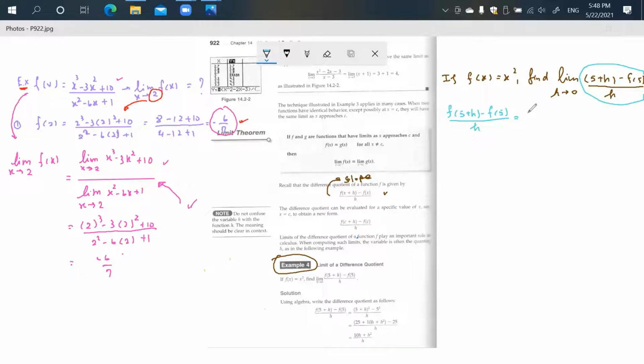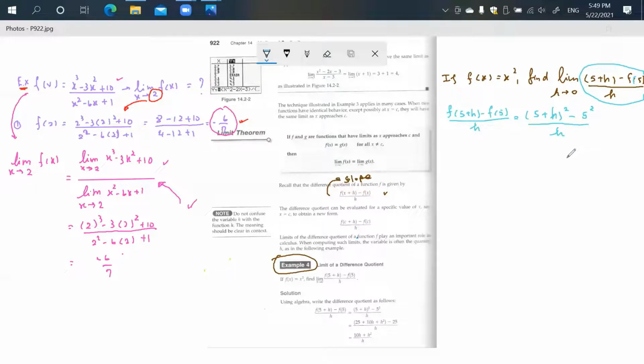This one is going to be 5 plus h squared minus, and this one f of 5, so 5 composed becomes 5 power 2, over h.